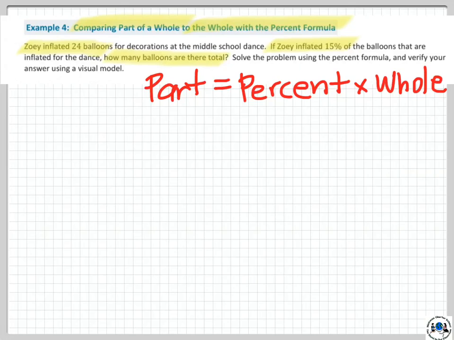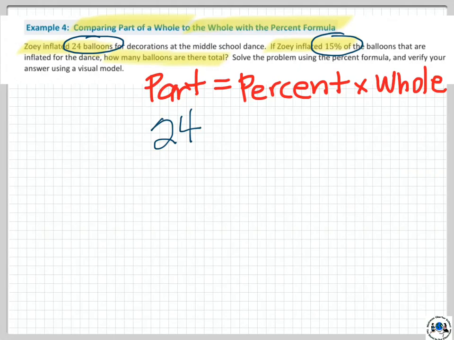Okay, let's go ahead and plug these numbers that we have in here to the percent formula, and then we can verify our answer using some sort of visual model. Okay, so let's go ahead and identify these parts. Now we have a part because these 24 balloons, they are not the whole, okay, because they only represent 15%. Okay, so this part is 24.